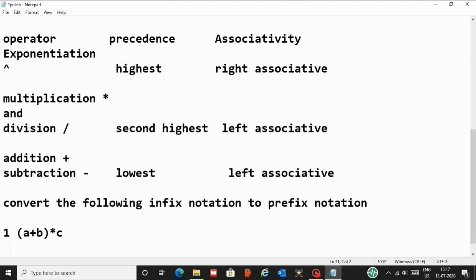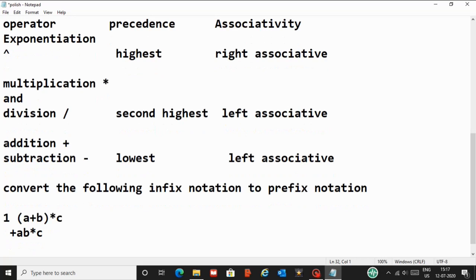Prefix means the operator should be prefixed to the operands. So it will be plus AB and star C. I will write it as it is. Next step I will convert it. I have done only A plus B. Star C I still need to do. So it has to be prefixed. So it will be star plus A, B, C. This is my equivalent prefix notation.